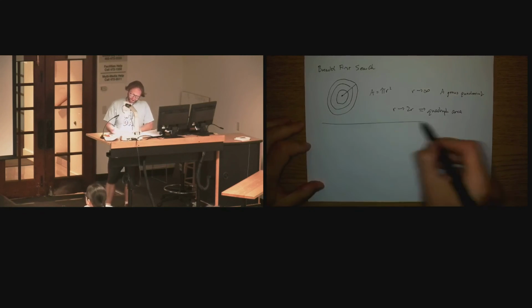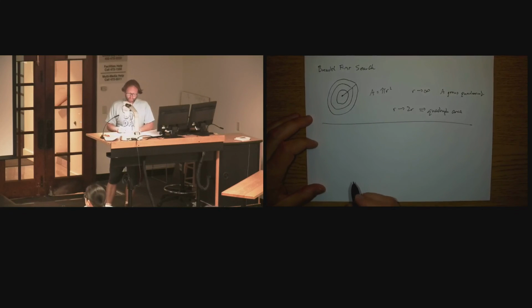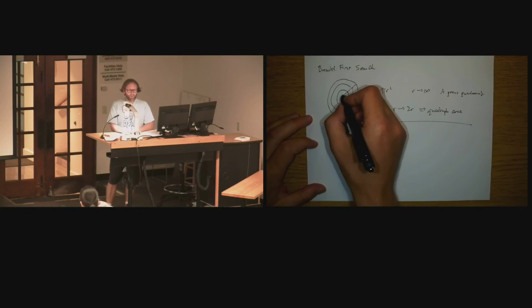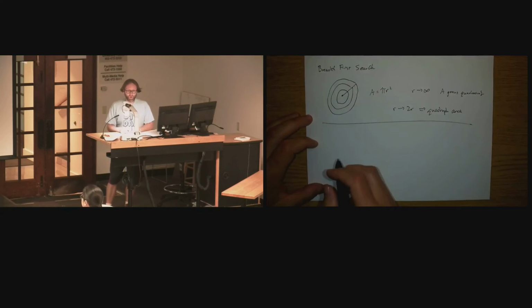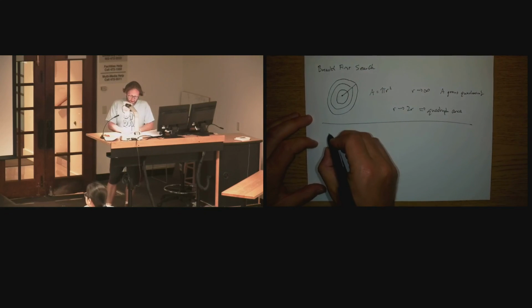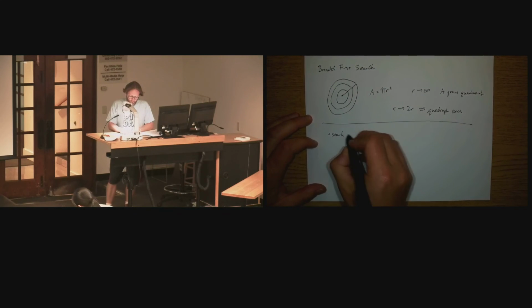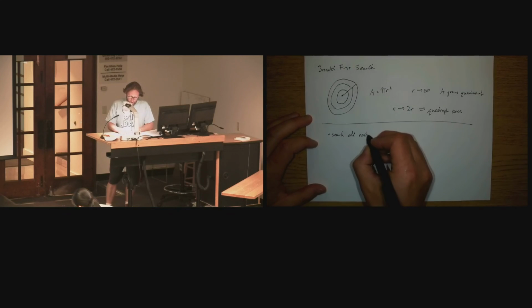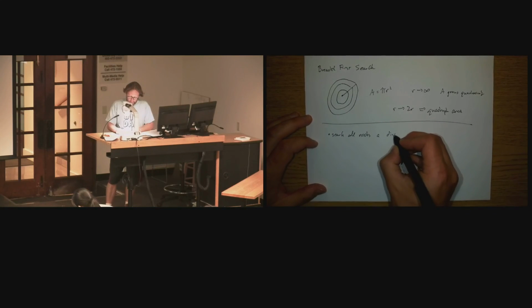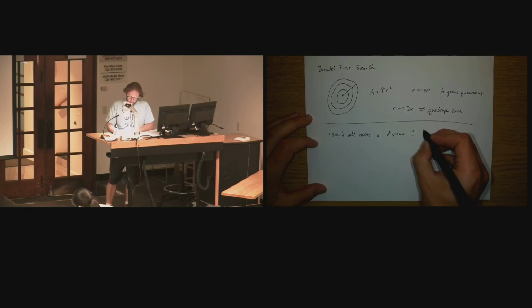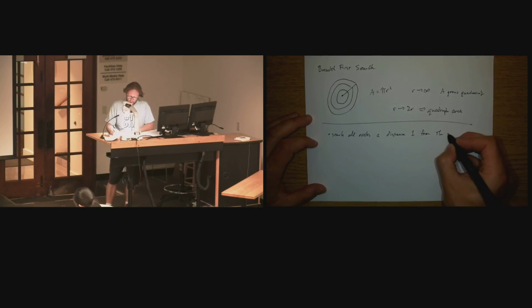All right. So with respect to a graph, of course, a graph is not necessarily just radial like this, but the basic idea is that you search all nodes a distance 1 from the start node.